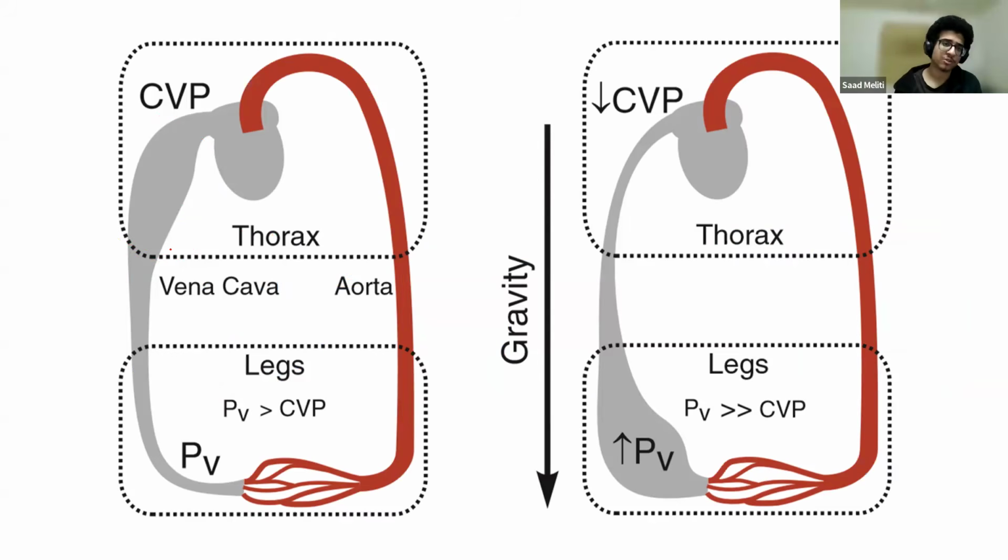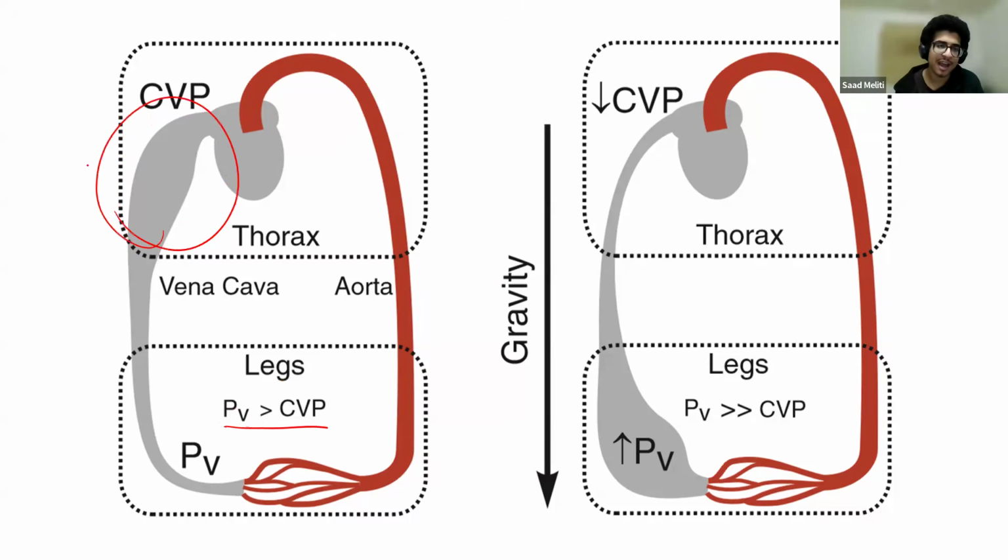So the blood pools here, but don't get confused. You might think that there's more pressure in here than the rest of the veins, but that's wrong. The peripheral venous compartment still has more pressure than the central venous pressure, because, like I said before, blood flows from high pressure to low pressure.